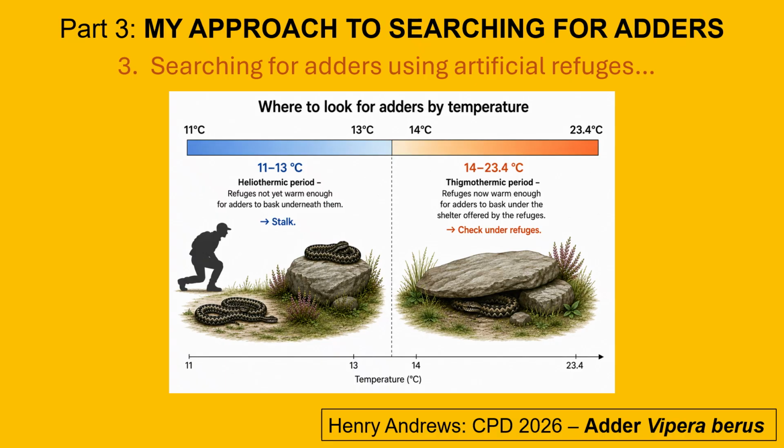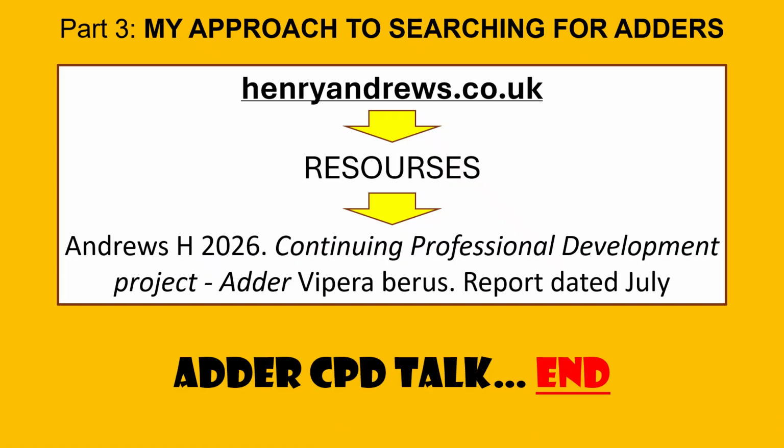When the temperature rises above the 13 degrees and enters the thigmothermic period from 14 degrees upwards and the adders can be below the refuge, still get enough temperature and avoid the risk of avian predation, I look under the refuges as well. And if you think that's wrong, this is the end of my talk and there's no better time to message me through my website and tell me so.